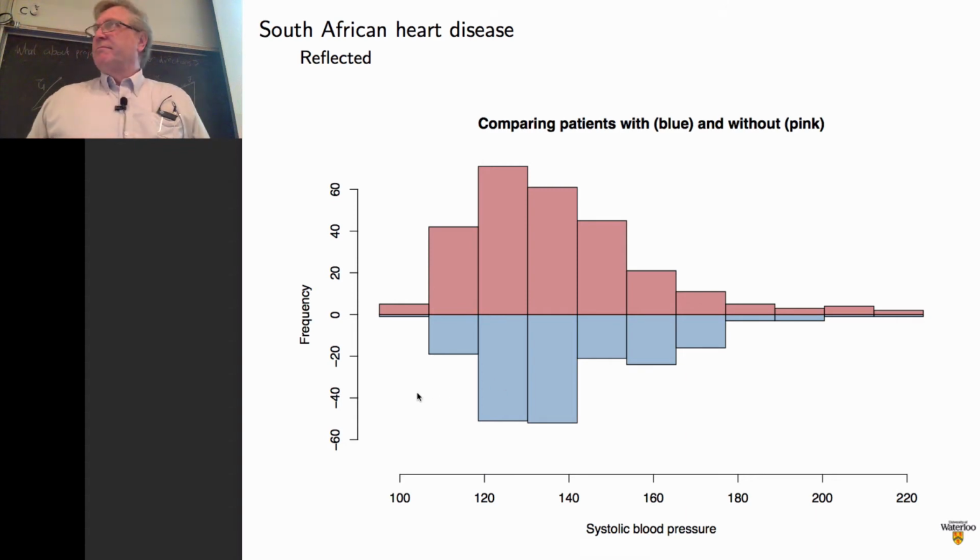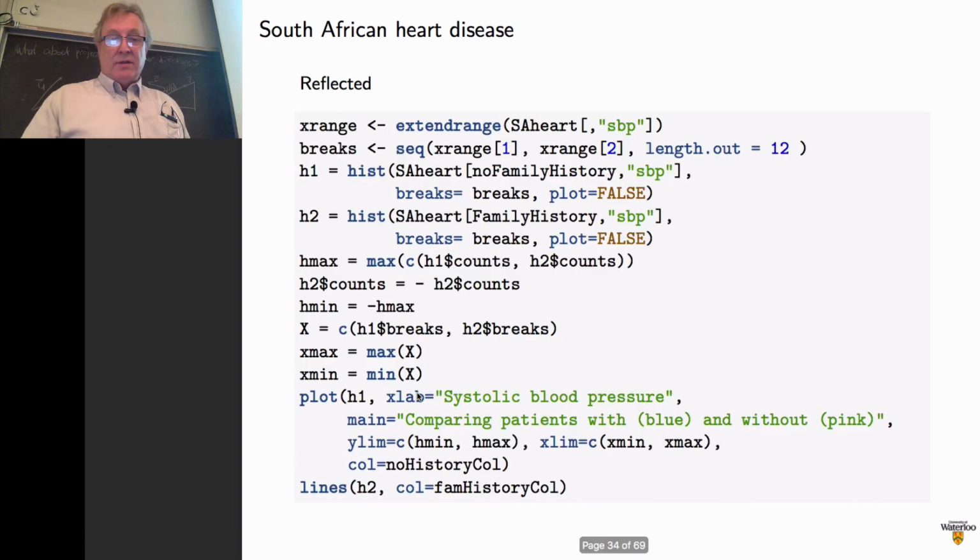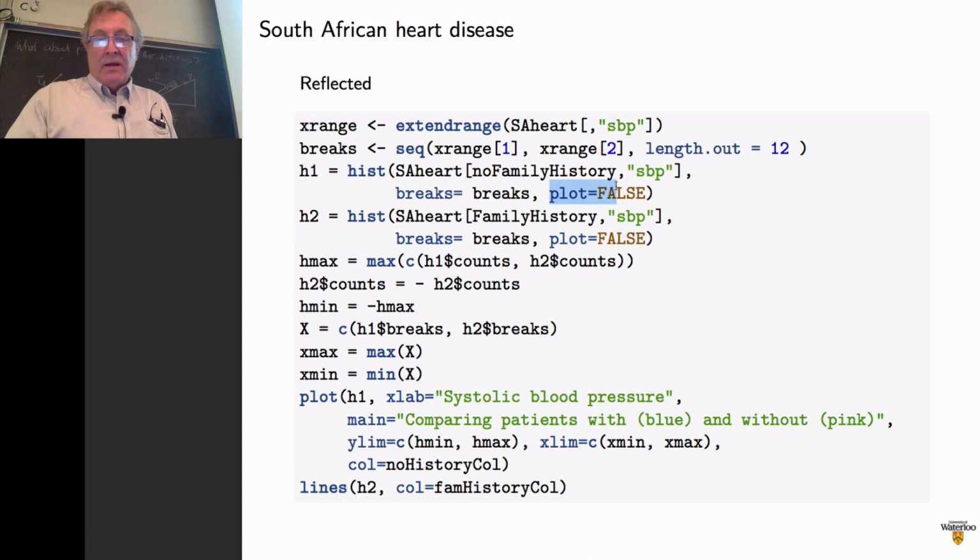Anybody seen those before? Have you drawn those? Not surprised, right? This is a little complicated. One of the things to go back and note is that I've chosen not to plot these as I did before when we were making the average shifted histogram.